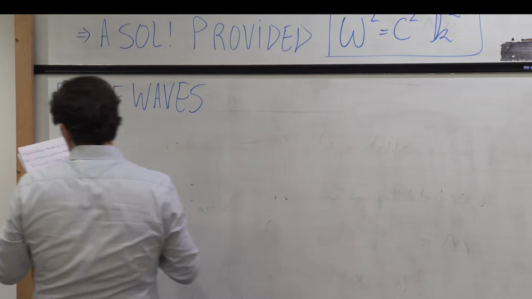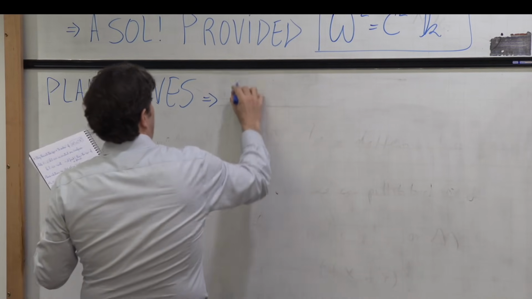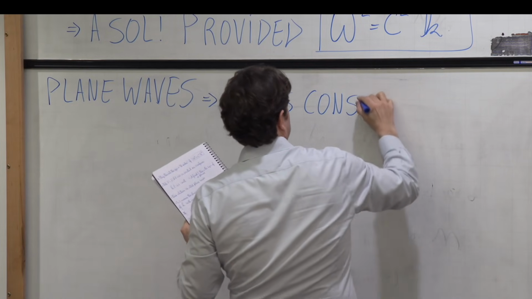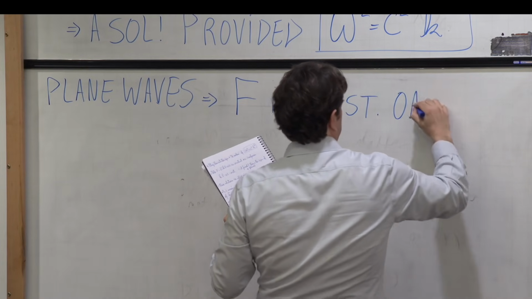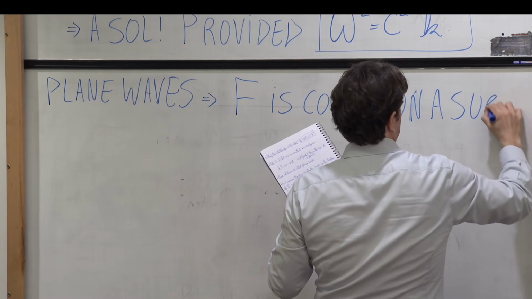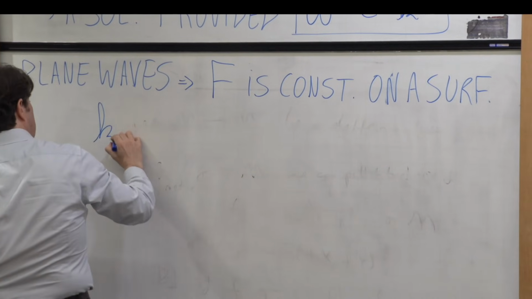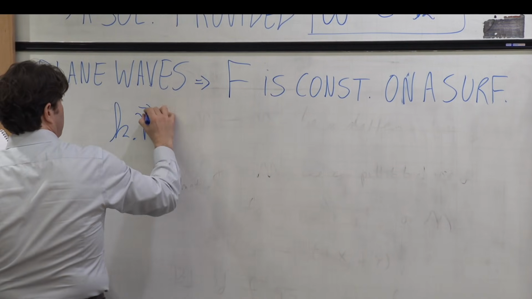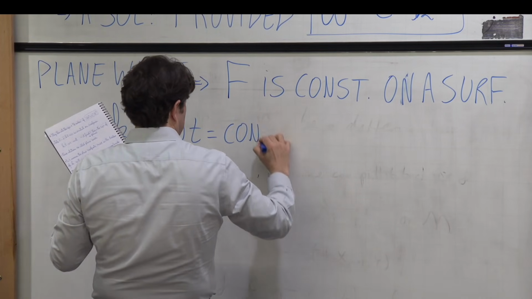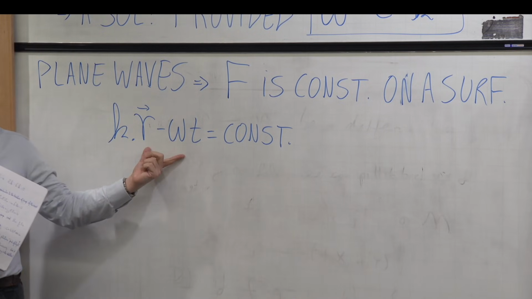And the reason that they are called plane waves is because f is constant on a surface in which k dot r minus omega t is equal to a constant, simply because f depends only on this combination.